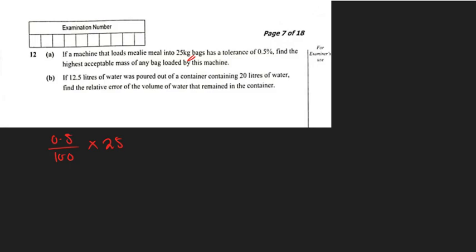So now, how do you do this on the calculator? 0.5 divided by 100. Just get the zeros. Since you already have a 0 here, it's going to be this 0 on top plus these two zeros. Then you put your point here, and then it becomes 5, right? And then you'll be multiplying by 25.